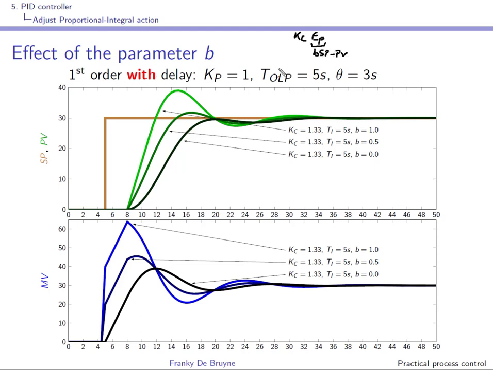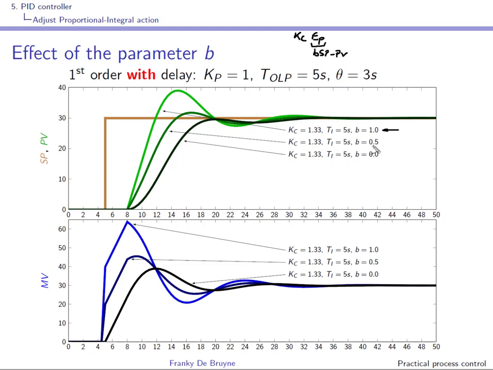This is again on our same Broida system with the same parameters, and we start from a PI controller that is tuned too aggressively for set point change, but this might actually be a very good controller for disturbance rejection. The problem, as you can then see, is that if you do a set point change with the classical PI controller with B equal to 1, you have a lot of overshoot and oscillation.